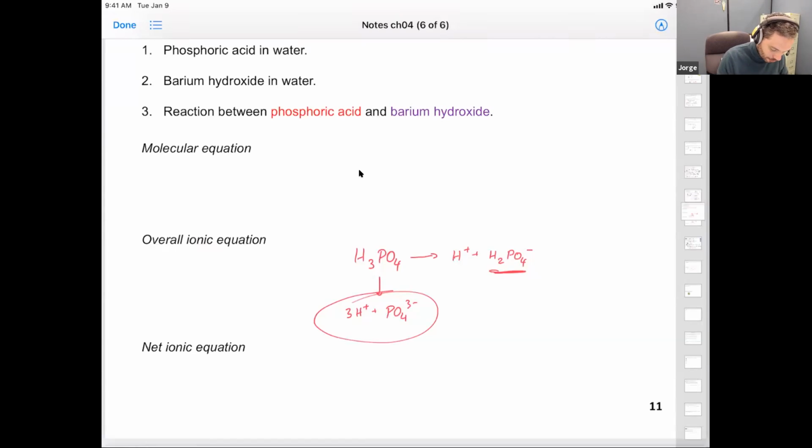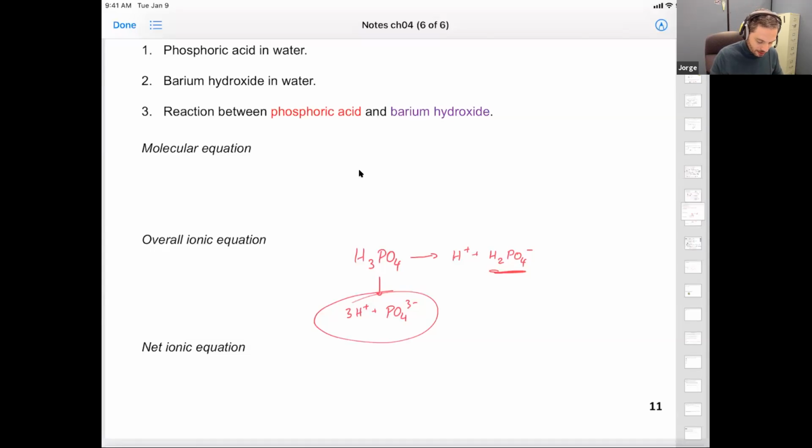For example, H3PO4: technically you can lose one hydrogen each time. You lose one hydrogen first, then you form this H2PO4 minus structure, then you may lose another one and then another one. Okay, so step by step.